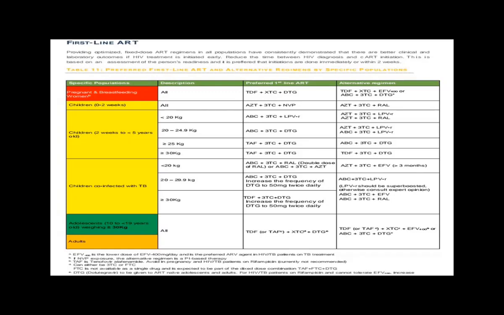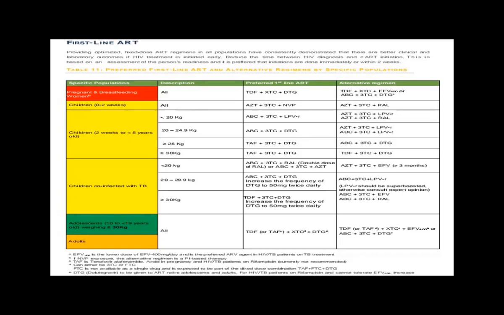And we're going to increase the frequency of dolutegravir to 50 milligrams twice daily. So here we are going to increase the frequency of dolutegravir to 50 milligrams twice a day, because the drugs that are used in TB can reduce the dosage of dolutegravir.